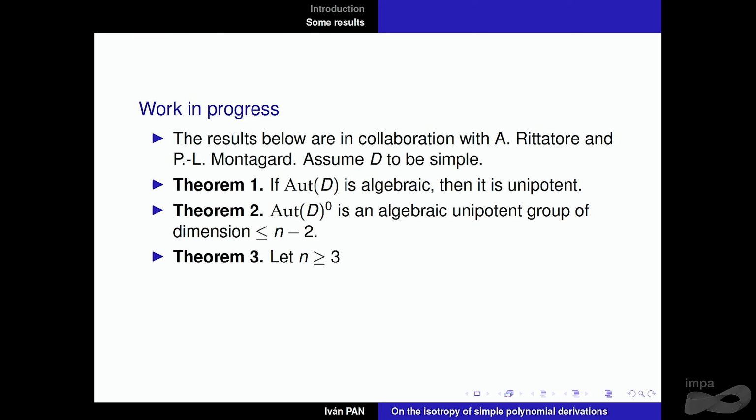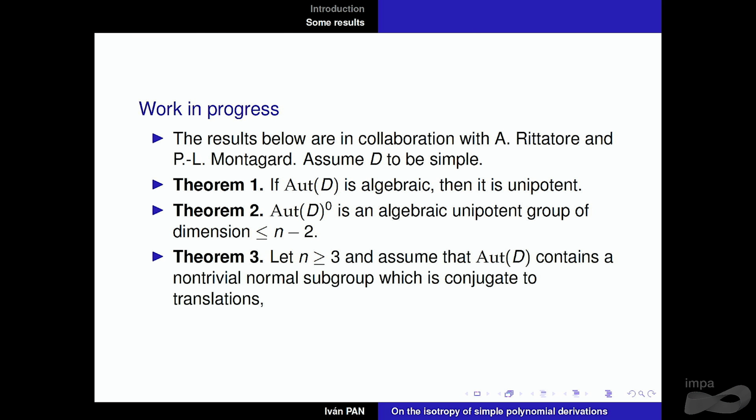And theorem 3: for n greater or equal to 3, assume that the isotropy contains a non-trivial normal subgroup which is conjugate to translations, then it is algebraic and connected. I will give an idea of theorem 3 in a particular case, which is easier, and where we may take off one of the hypotheses, in fact.